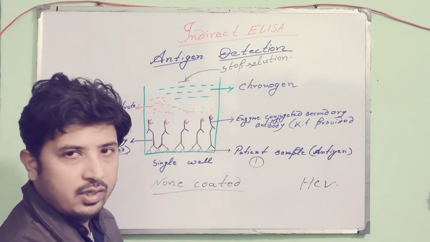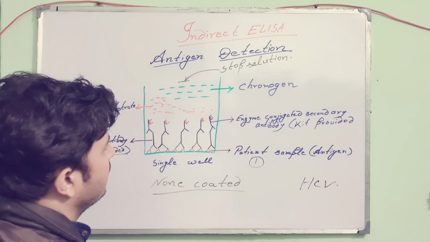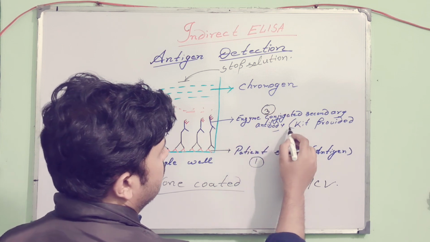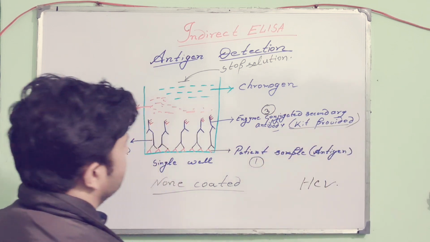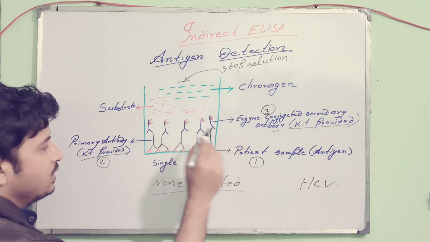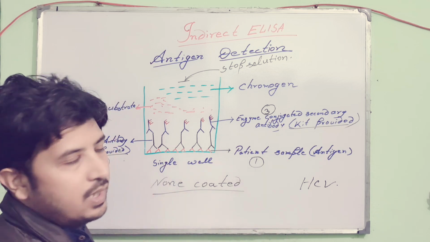Then you have to wash away the unbound antibodies. Again, you have to add the enzyme conjugated secondary antibody, which is also kit provided. This enzyme conjugated secondary antibody is specific to the primary antibody, so it will bind to the primary antibodies.